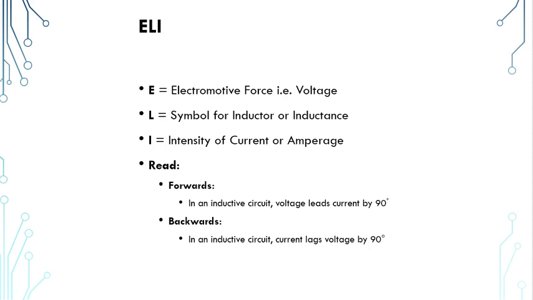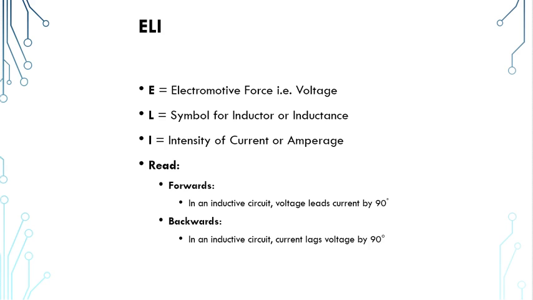Now, say we had channel 1 of an oscilloscope hooked up to voltage and channel 2 hooked up to the current. We could look at that scope pattern and its phase shift and be able to tell whether it's an inductive circuit or a capacitive circuit.